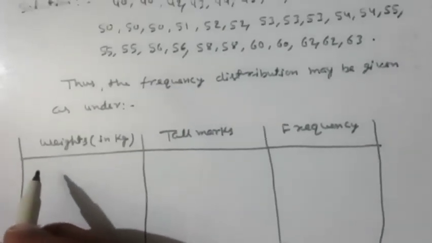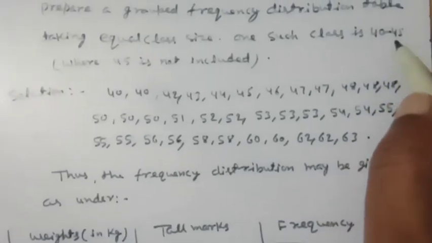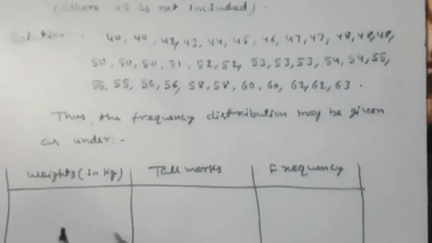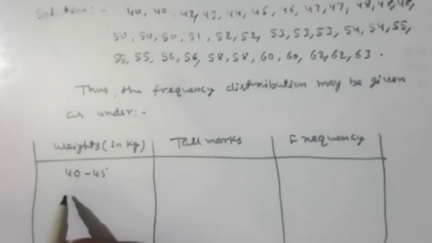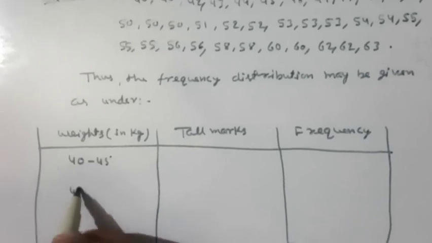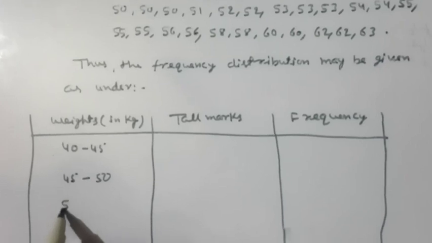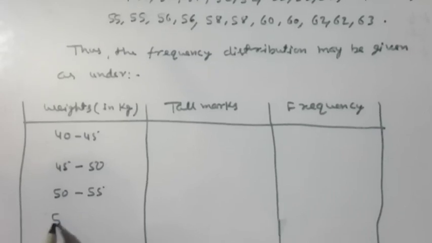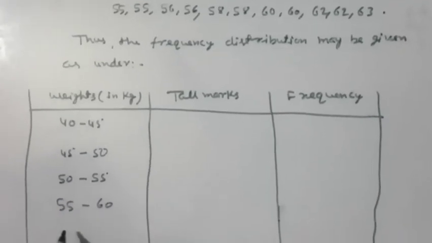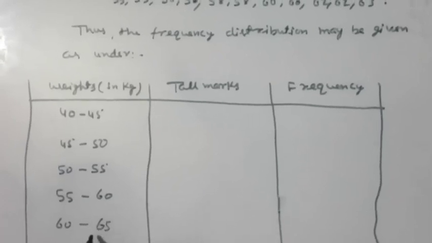Our first class interval is 40 to 45. After that 45 to 50, 50 to 55, 55 to 60 and 60 to 65.